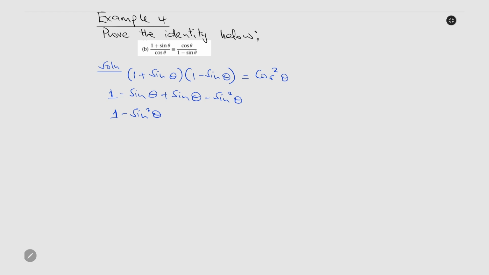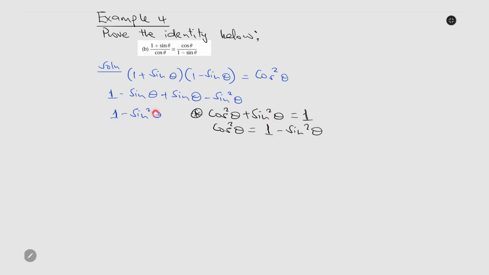From the fundamental trig identity, we have cos squared theta plus sine squared theta giving us 1. So cos squared theta is equal to 1 minus sine squared theta. See, now I have this 1 minus sine squared theta, which is the same here.